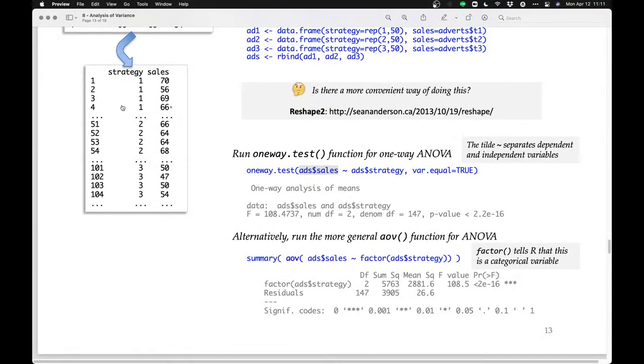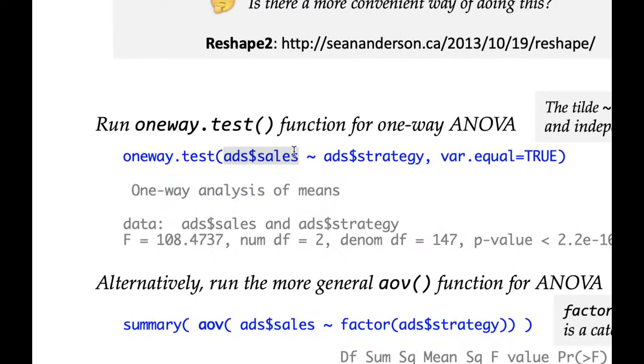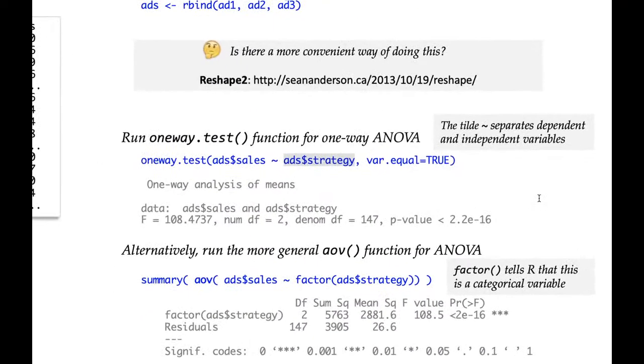So I take this long format data that I created called ads, and I say that sales, and the tilde marks the separation between your dependent variables and your independent variables, is dependent on the strategy that I used, I believe. Okay.